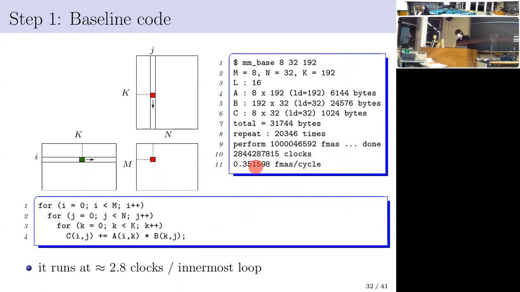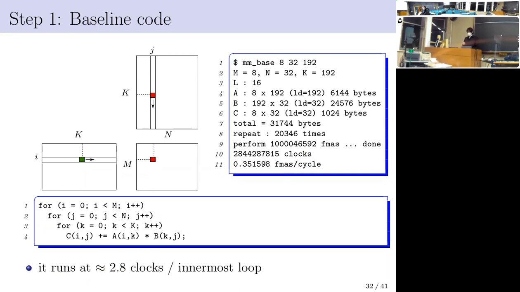If you just take the reciprocal of this 0.35, 1 over 0.35, you get the number of cycles per iteration, the number of cycles per single FMA, right? Which is something like 2.8.